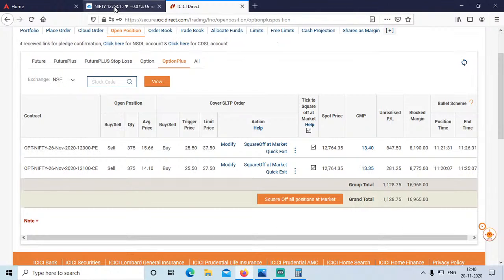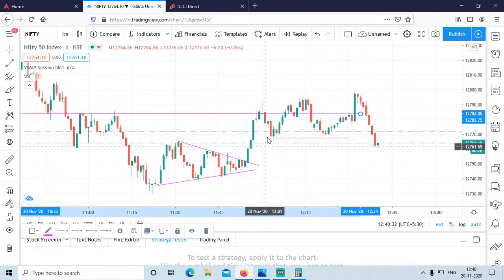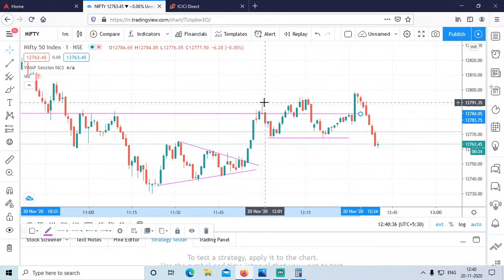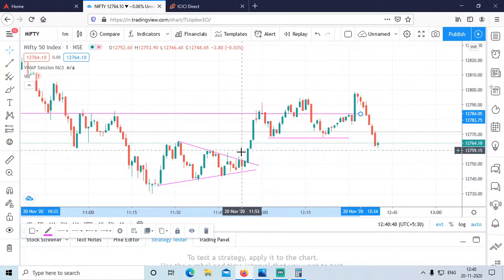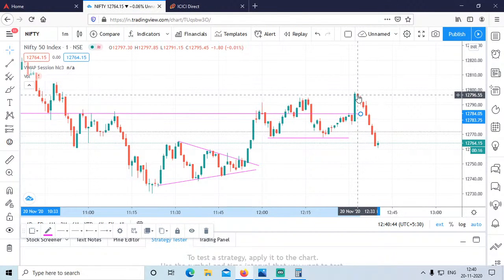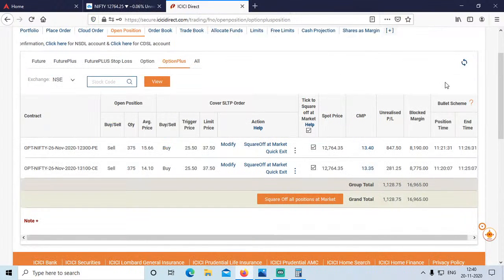Even when the market went 40 points up, as we checked initially, we never got a loss. Now the same thing is happening, 40 points down. This time also we are not getting a loss, we are safe.